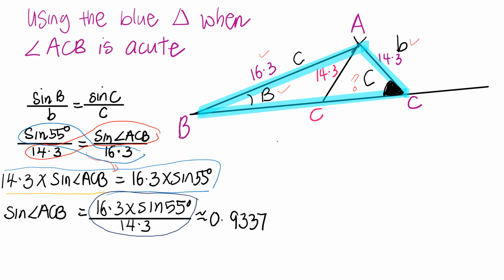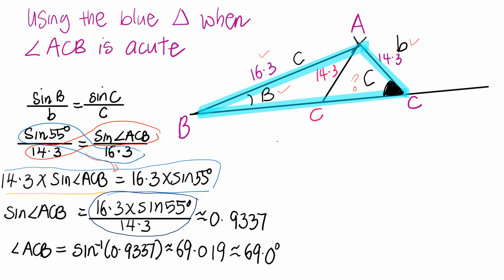Please use at least 4 decimal places, or 4 significant figures, for the intermediate answer. To find angle ACB, you just need to take sine inverse of 0.9337. Then we get the acute angle to be 69.0. The degree of accuracy for the angles should be 1 decimal place for the final answer.